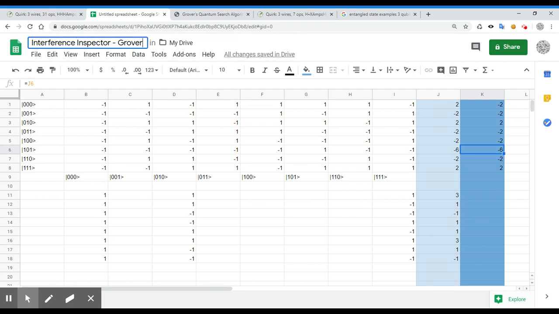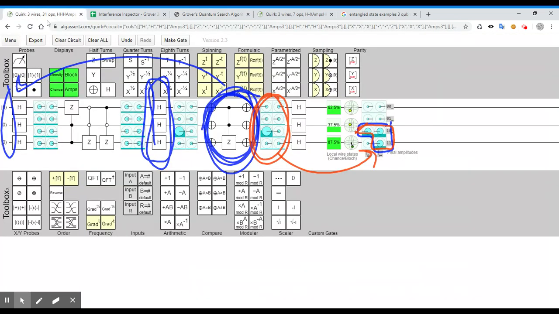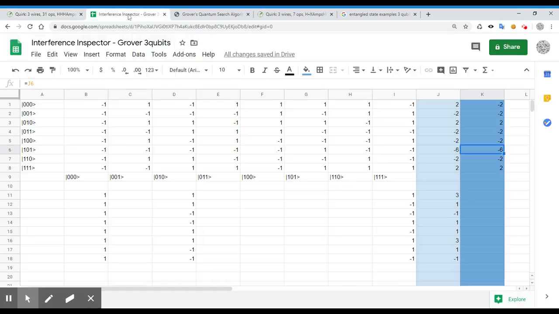So this is Grover, 3 qubits. Cool. Perfect. But that's the key. You're encoding stuff in your phases in the superposition. That's what you do with Hadamard. And then if you change some of those phases, you're breaking that balance.